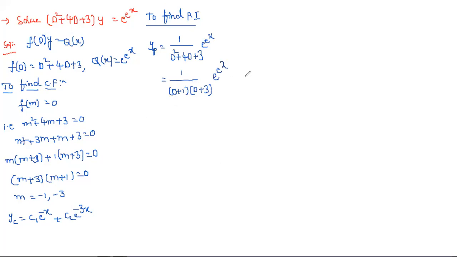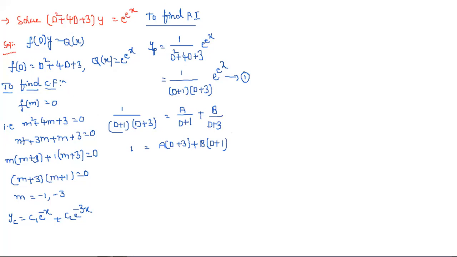And now first we split it into partial fractions. So 1/((D + 1)(D + 3)); these are linear factors, so we can write A/(D + 1) + B/(D + 3). Taking the LCM, 1 = A(D + 3) + B(D + 1). Next, put D = -1.